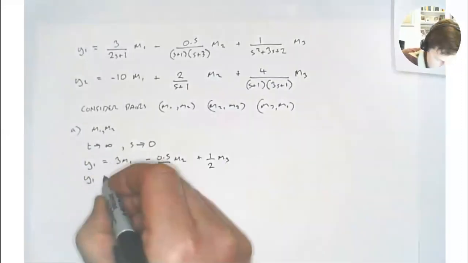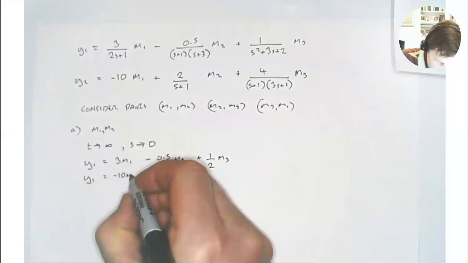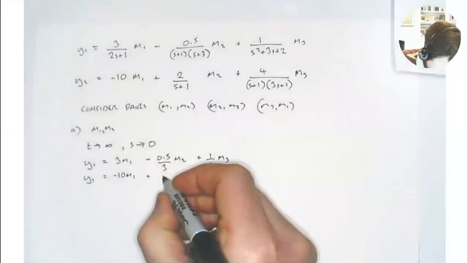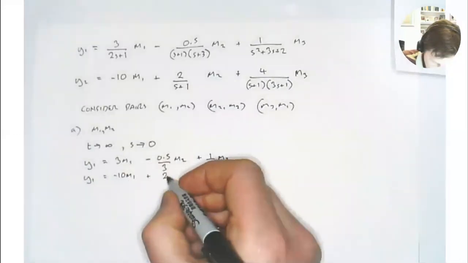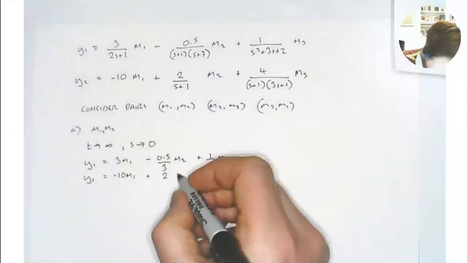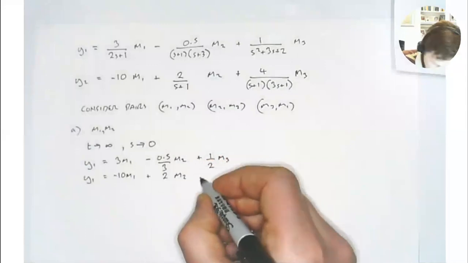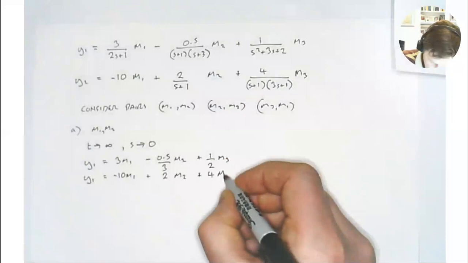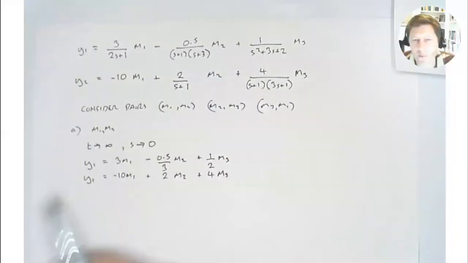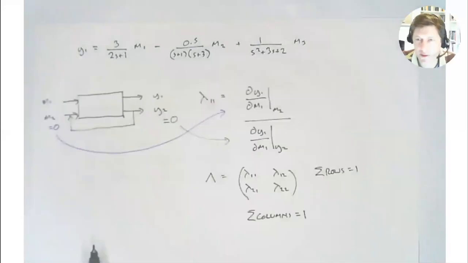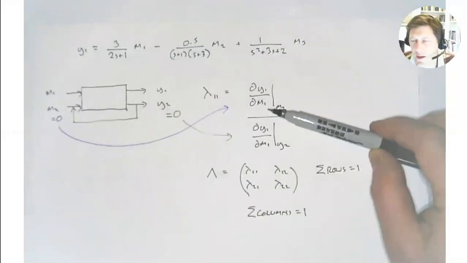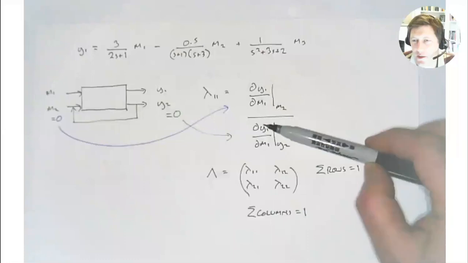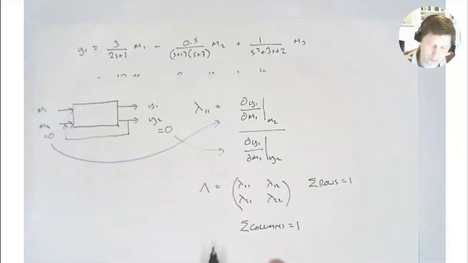And our second equation goes to minus 10 m1 plus 2 m2 plus 4 m3. Okay, so that's the first thing. And then we want to be able to do these two differentials, dy by dm at constant m and dy by dm with constant y's.